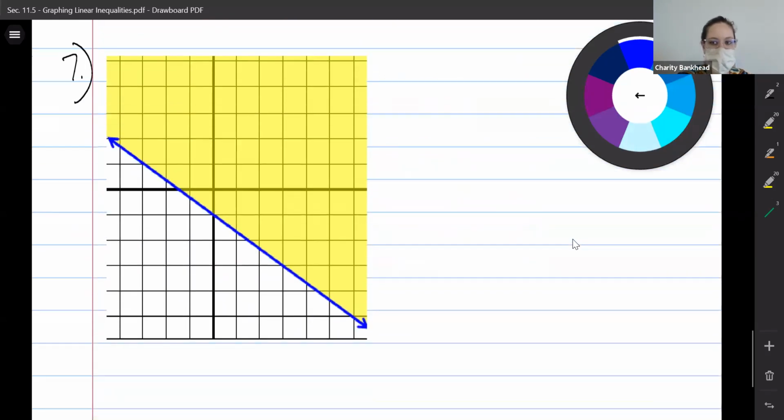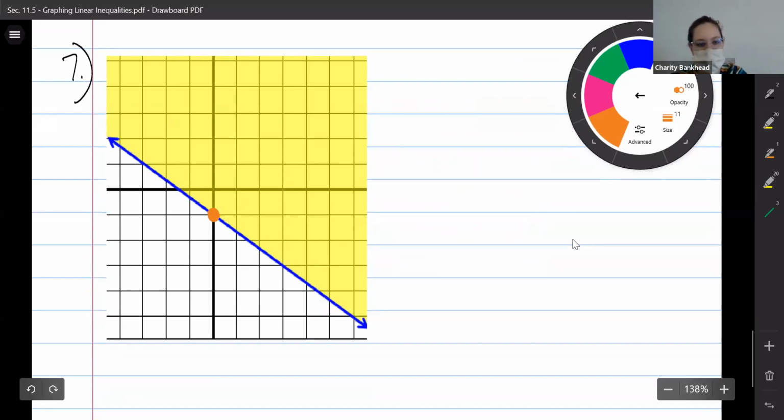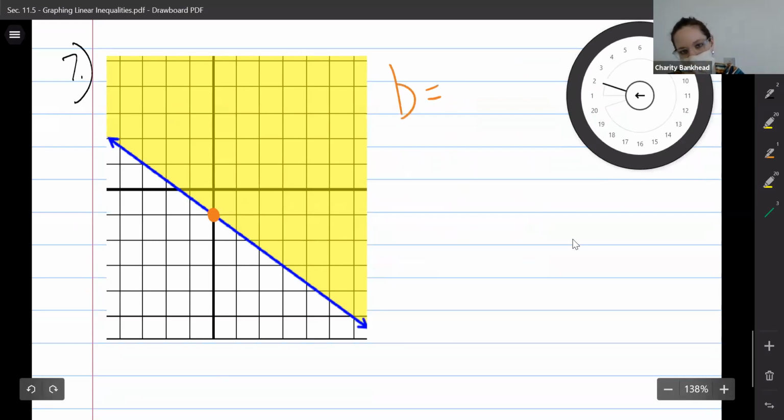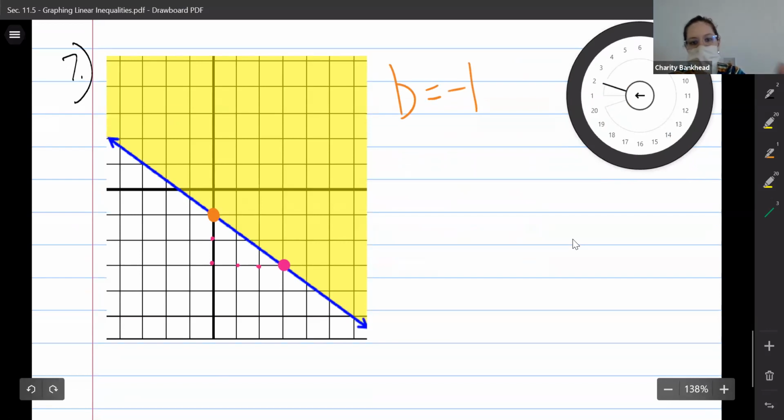And then same thing on number 7. Let's find the y-intercept, which again seems to be at -1. So b is -1 again. And then we'll find another point on the graph, like right there. And then we'll count. So I have to go down 2 and over 3.